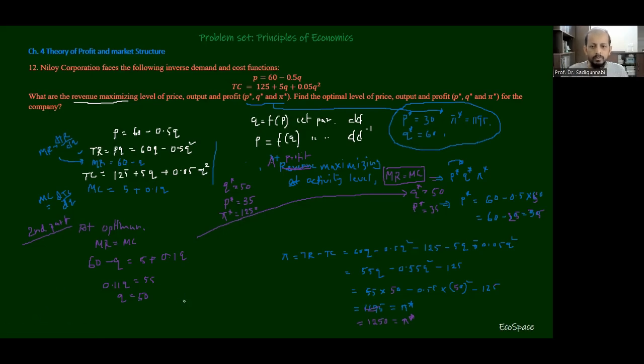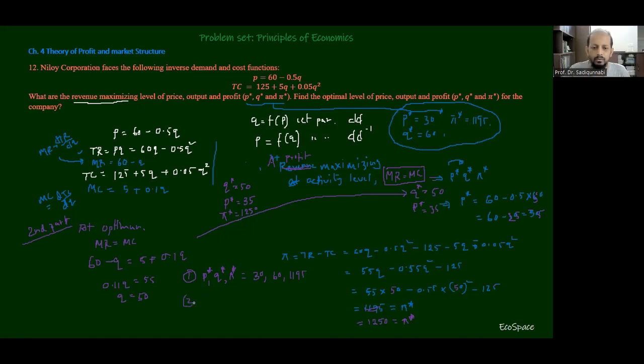So now the solution to this problem can be written here. First part: P star equals 30, Q star equals 60, and pi star equals 1195.